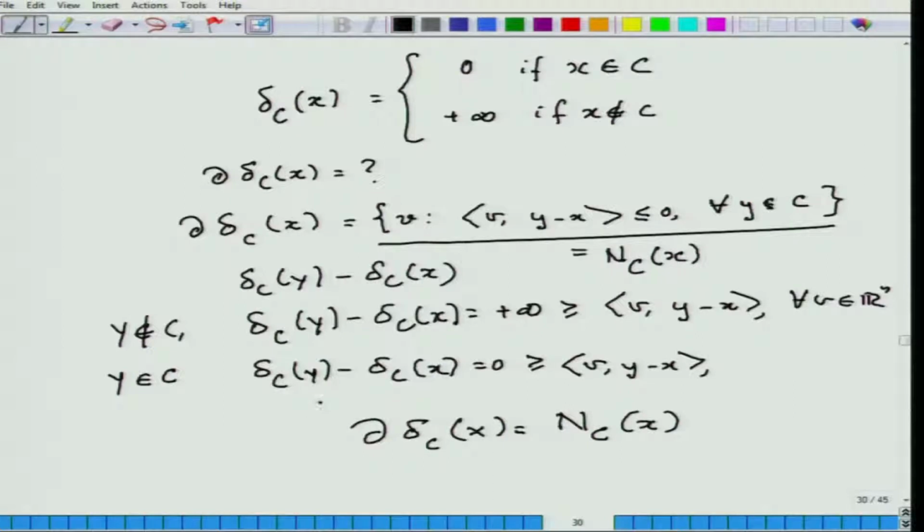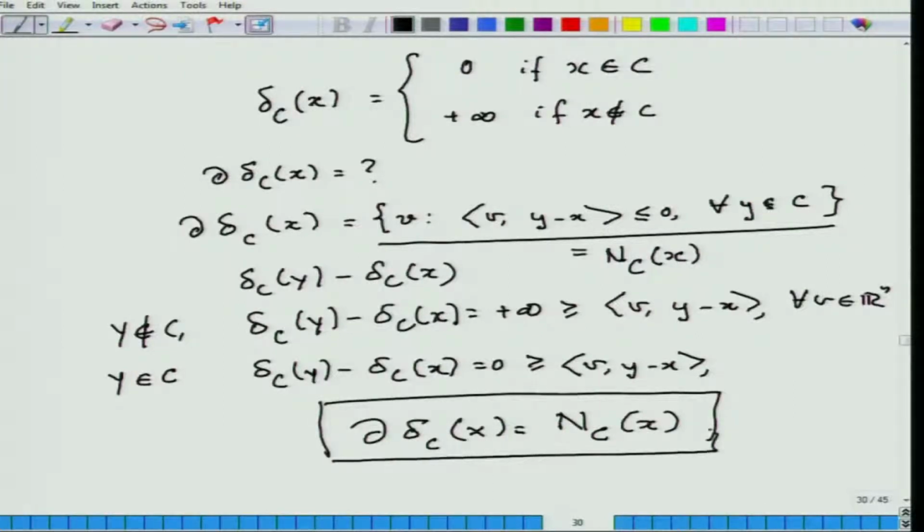This is a fundamental result in convex analysis, and this result has led to the development of subdifferential calculus for non-convex functions. This is truly a fundamental result, and this is called the normal cone, which we will talk about in detail later.